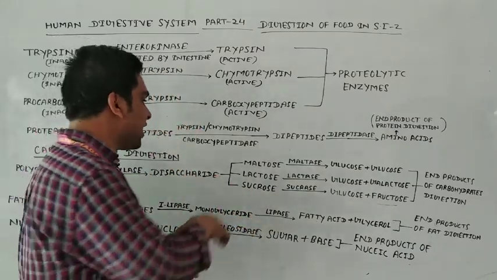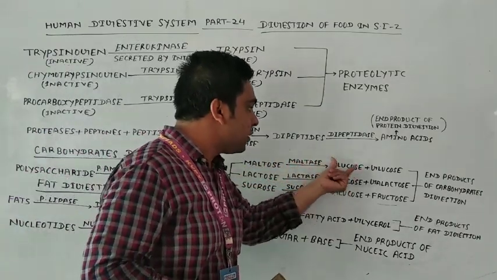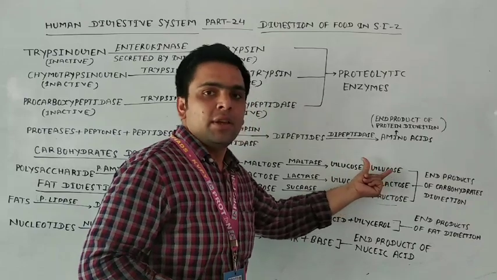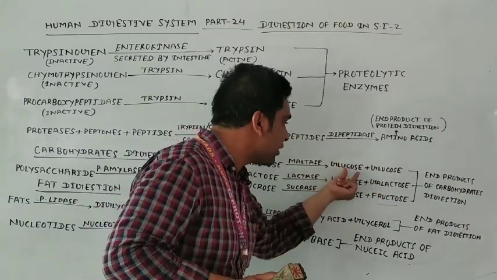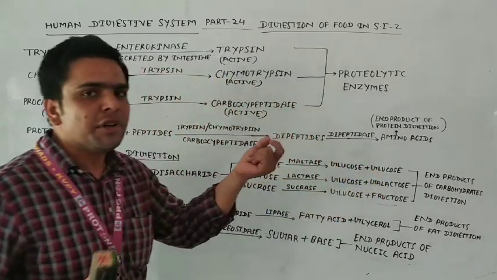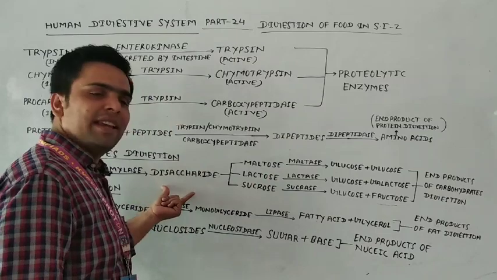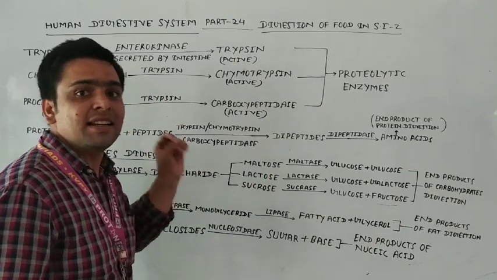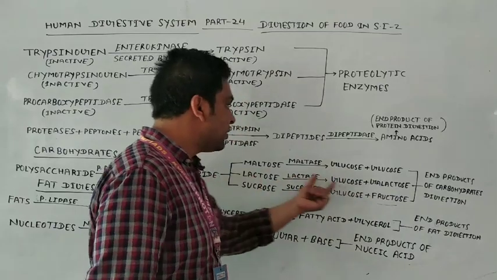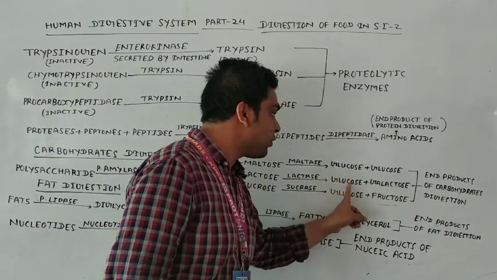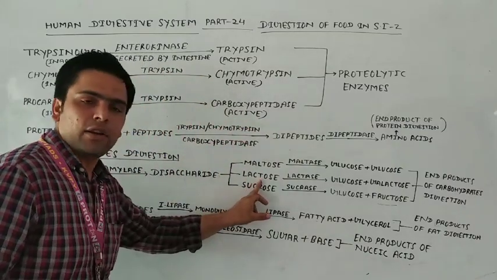So polysaccharides get converted into disaccharides, and these disaccharides are given special names. The first is maltose. What is maltose? Maltose is two units of glucose combined, two molecules of glucose. This is a disaccharide. When we talk about glucose plus galactose, one unit of glucose and one unit of galactose, they form lactose.